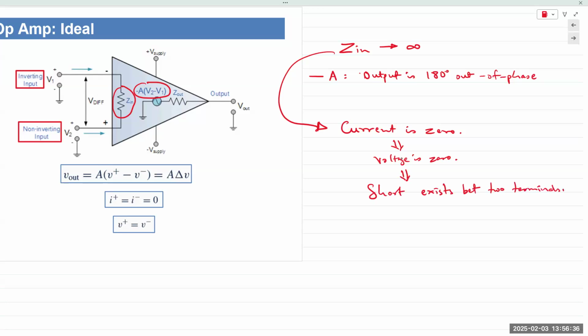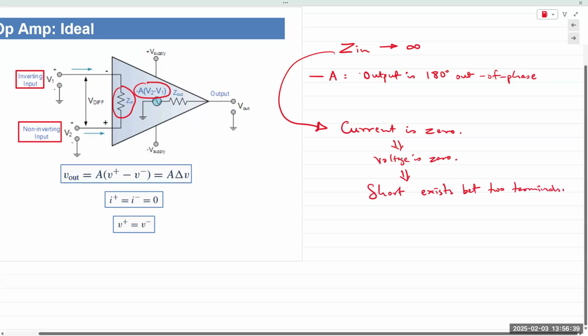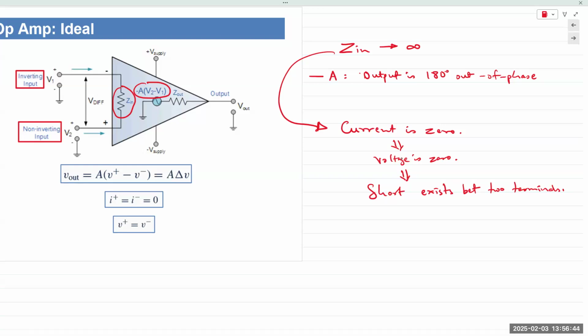So here's the concept. Because Z in tends towards infinity, we say the input impedance is infinite, we can say there is a virtual open connection between the 2, meaning the 2 terminals are virtually open. However, at the same time, we can also say there is a virtual short between the 2 terminals. And depending on our analysis, it's convenient for us to choose either a virtual open or a virtual short between those 2 terminals.